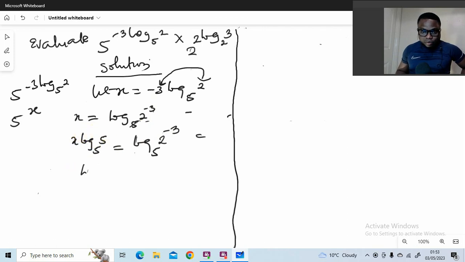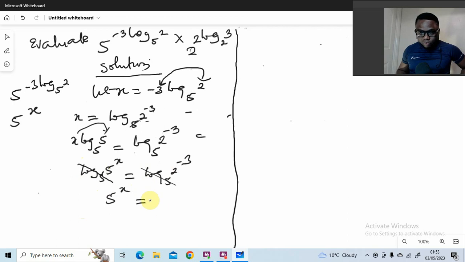So this becomes log 5 raised to the power of 5 exponent x, because x has to move up to become the power of this exponent, equal to log 5 of 2 exponent minus 3. So in this case, I can now eliminate log 5, it will cancel out log 5. So I will have 5 exponent x is equal to 2 exponent minus 3.